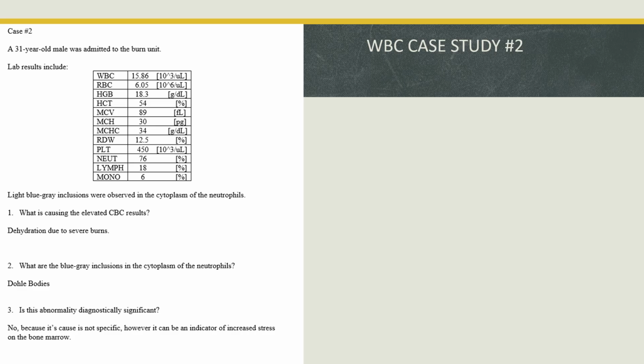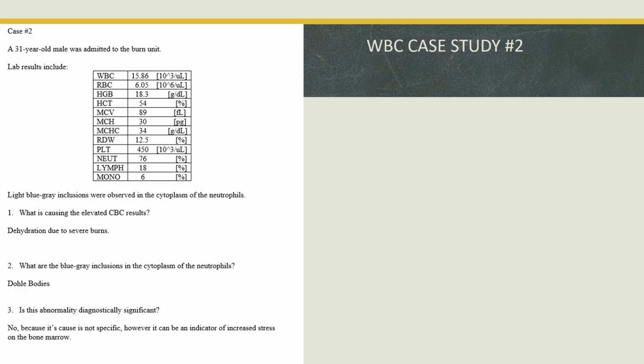We know that this patient's burns must be significant, because if you were to just get a small burn, obviously they would not admit you to the burn unit. So people who are admitted to the burn unit typically have very significant amounts of burn. And so that tells us that his skin barrier has been significantly compromised. So that kind of gives us quite a bit of information, even in that little bit of patient history that we have.